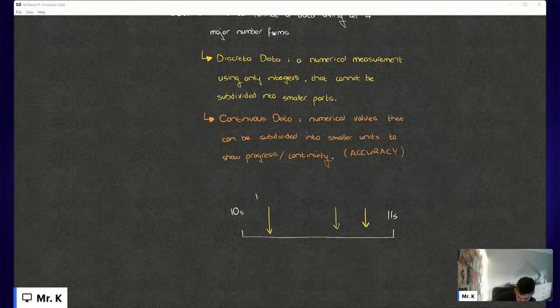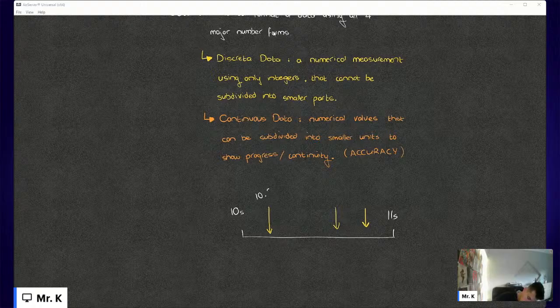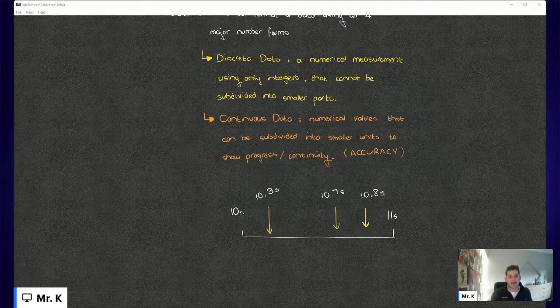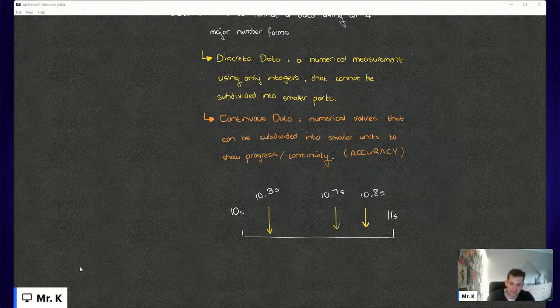Maybe the first athlete ran 10.3 seconds. We can then have 10.7 seconds and 10.8 seconds. This idea of continuous data, that allows us to break things down more and more to get more specific, is really useful.